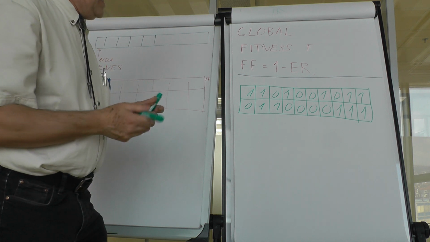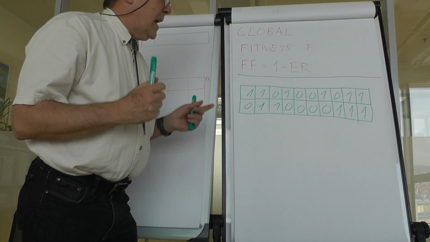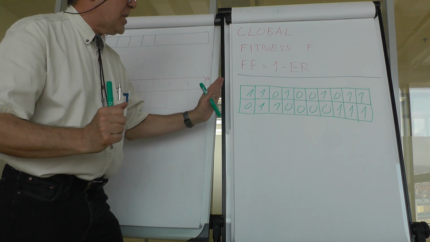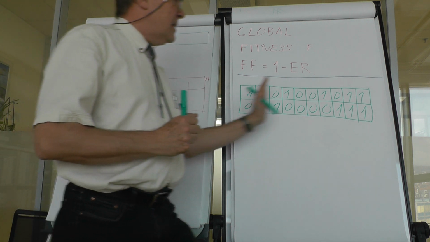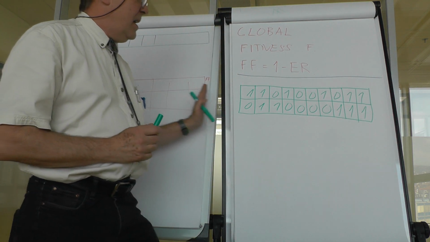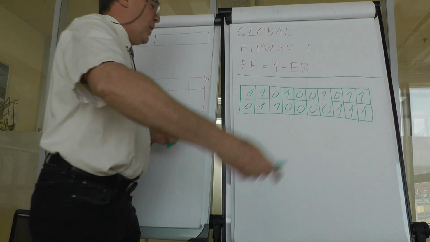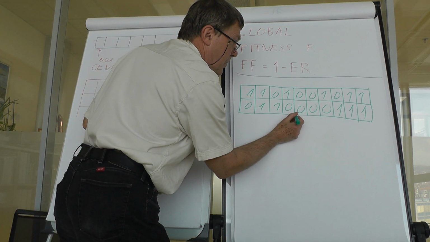Now the cut and splice method, in fact, has two steps. In the first step, you randomly select a position. So randomly you, for example, select this position.